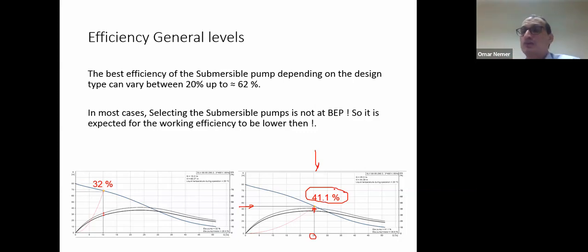But if you use the same pump, which has best efficiency 41, but you are pumping 10 liters per second at head 67 meters, then the efficiency which you will get is 32%, not 41.